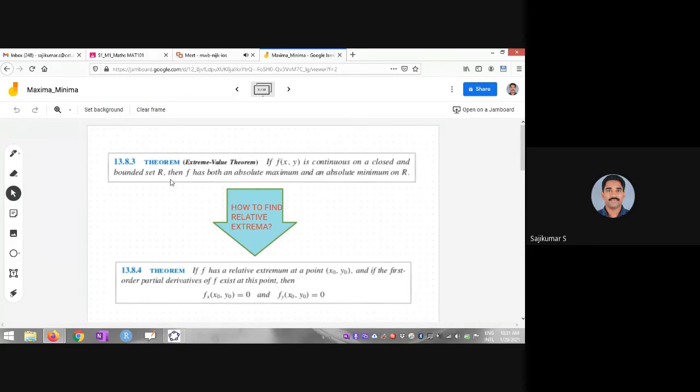In the open interval minus 2 to 2, what is the local minimum of that function y equal to x square? 0. Local minima 0. Any local maxima? 4. The function is defined on the open interval minus 2 to 2. The value 4 will occur exactly at the point x equal to minus 2 or x equal to 2. Right?